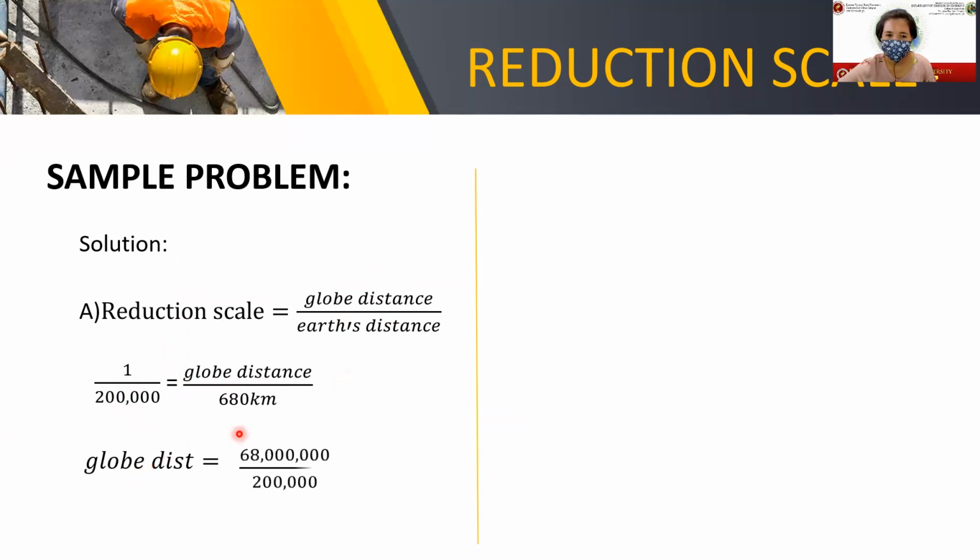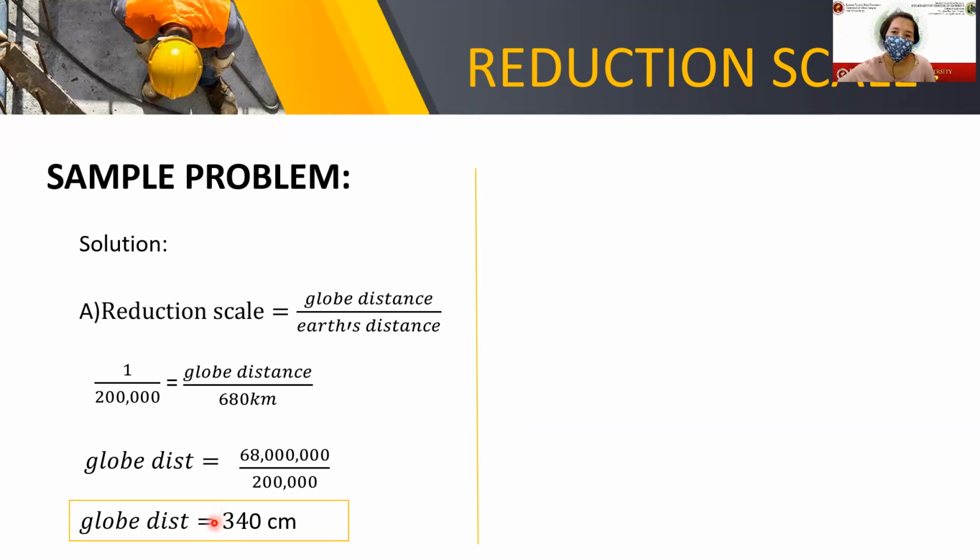Substitute and simplify this one, and we can have the globe distance. So the globe distance of that 680 kilometers on the ground is equivalent to only 340 centimeters on the globe.